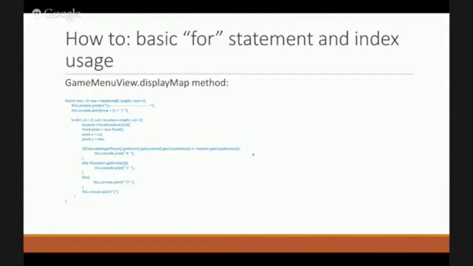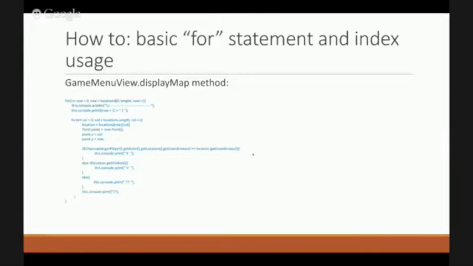In this case, if the actor is within the location that we are currently iterating to, it shows the hash sign character. And if not, if the variable location.getVisited is true, it will print a v.